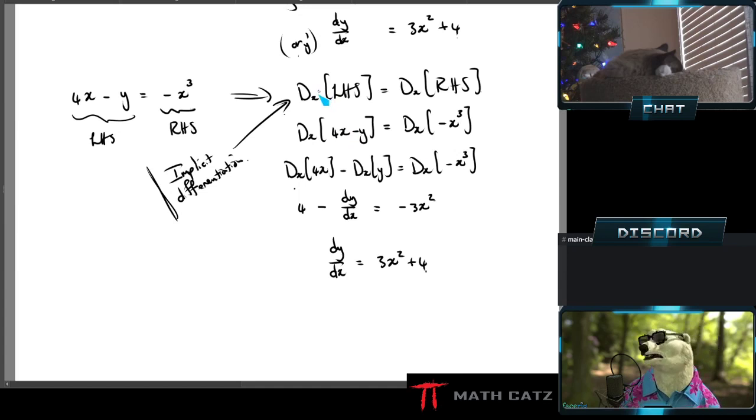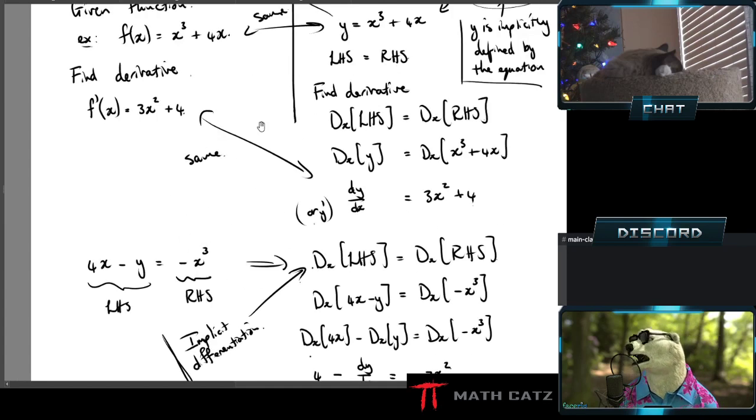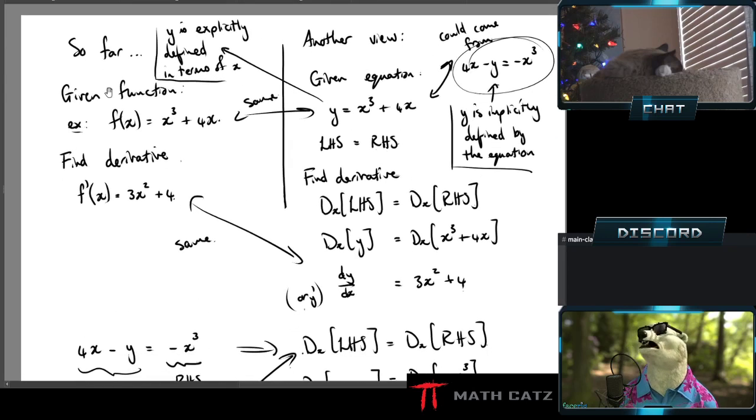So it's all just a matter of where do I start? Do I start with a nice clean function? Great. Do I start with an equation, but it's kind of in function form because y is already solved for me? Also great. I kind of have a choice. And I would use this left version because I see the function right there. Easy.